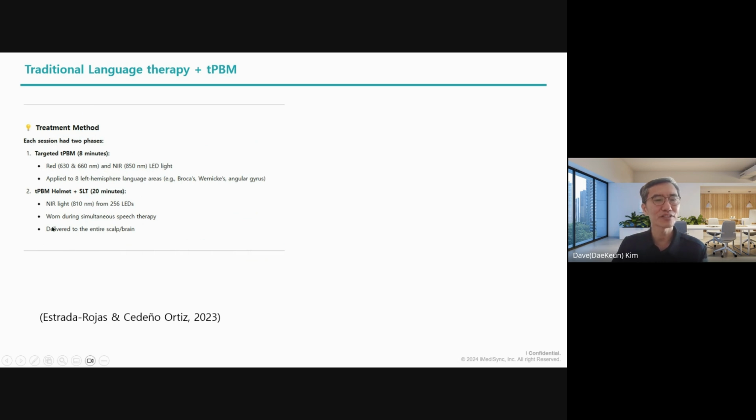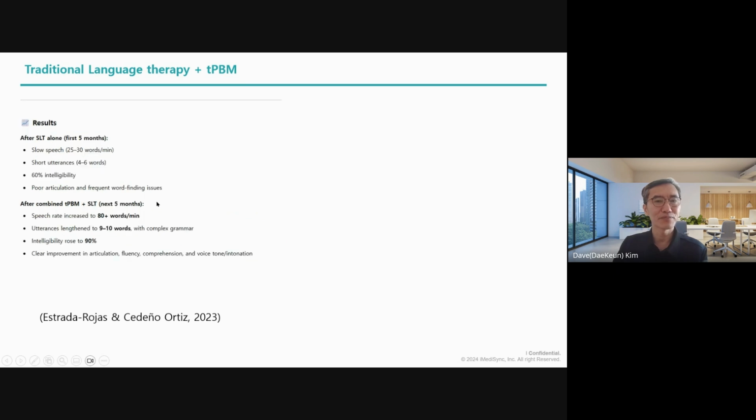This study shows that combining photobiomodulation and speech therapy makes bigger changes. You can see that with only speech therapy there is no improvement, but after combining the photobiomodulation, the speech rate increased, with lengthening of the speech, complex grammar and intelligibility increased, and clear improvement of articulation, comprehension, voice tone and intonation.